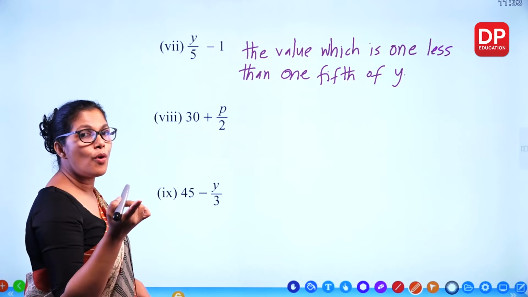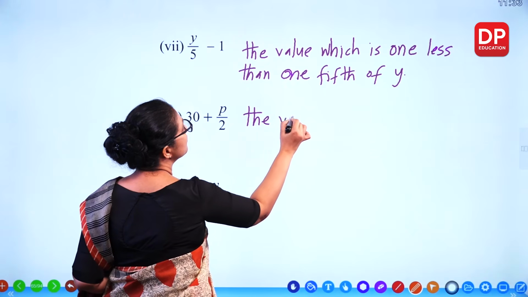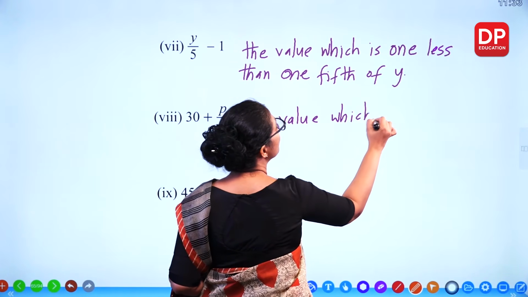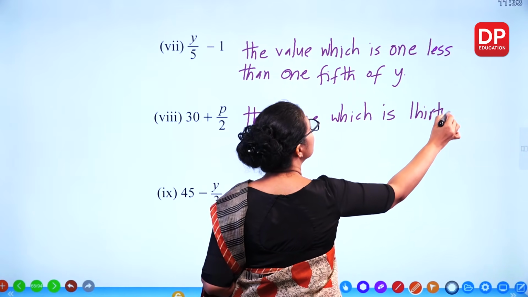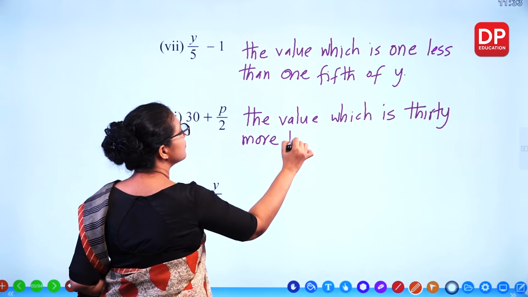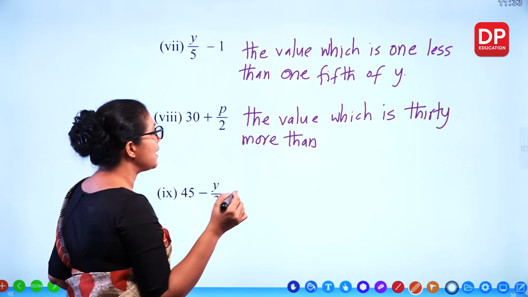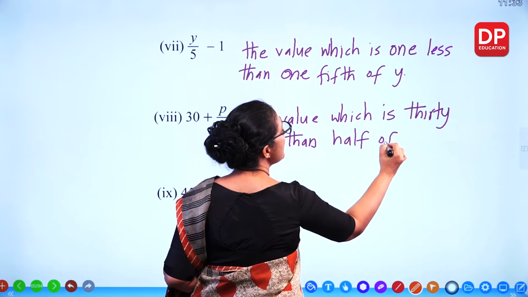Here 30 more, adding 30. So the value which is 30 more than p over 2. P over 2 means half of p. Half of p.